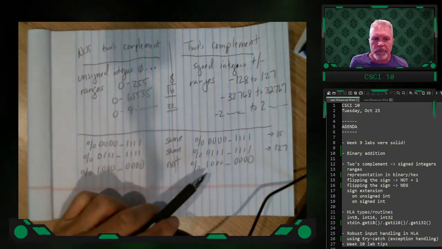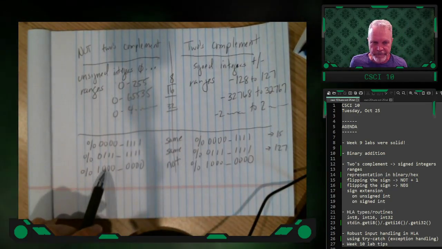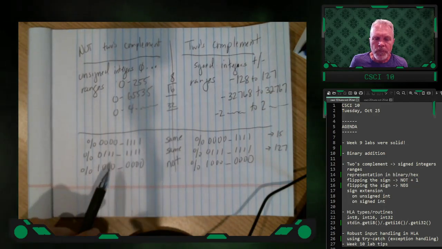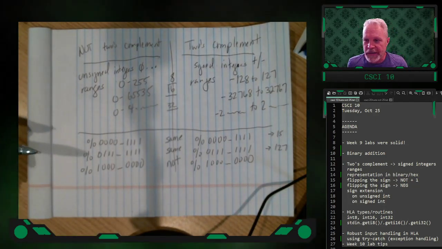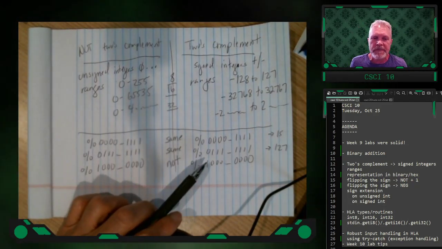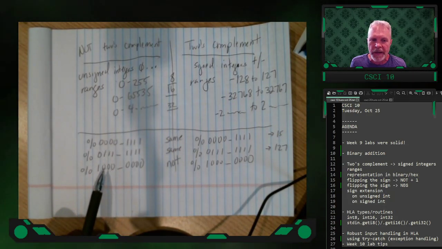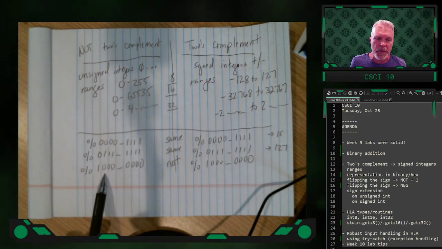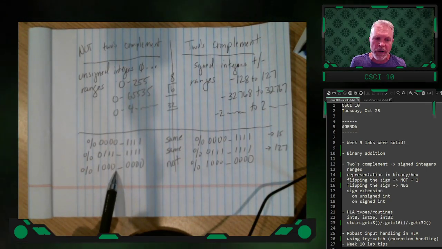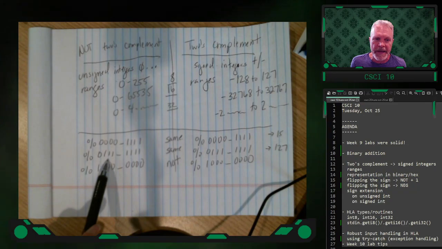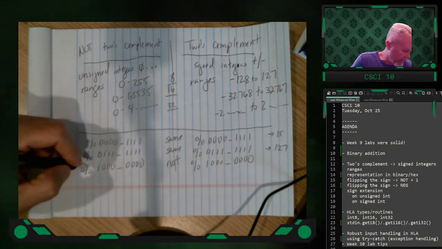So this one is not the same. There's a hint here about what sets two's complement apart from what's not two's complement. If I ask the computer in my software, if I interpret this as unsigned integers, I get the value 128.